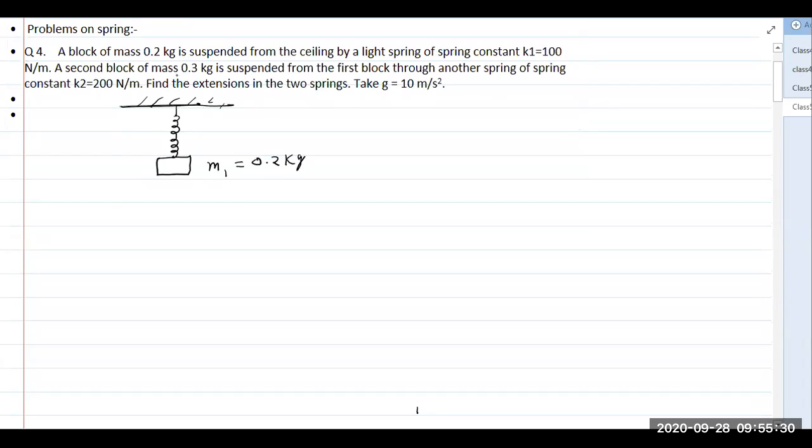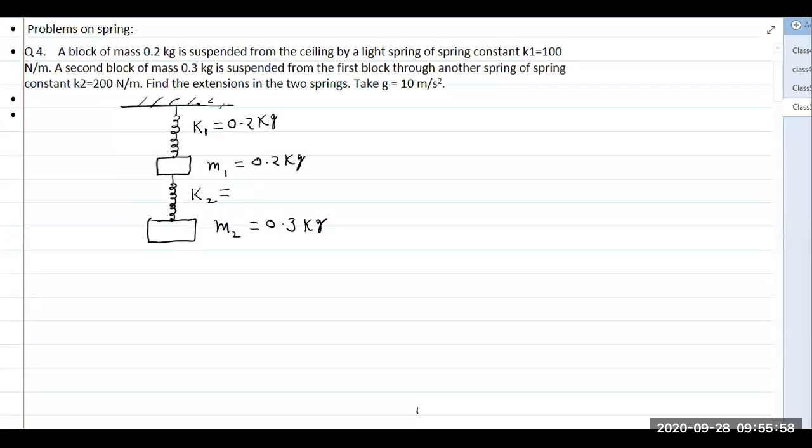Then it says a second block of mass 0.3 kg is suspended from the first block through another spring of spring constant K2 equal to 200. So we have another spring here, and another block of larger mass, M2 equal to 0.3 kg, is hanging from it.